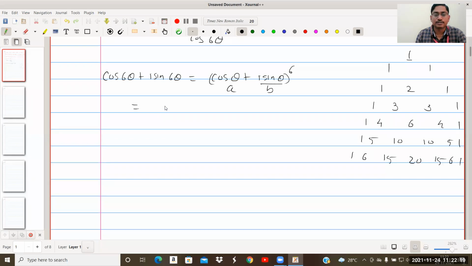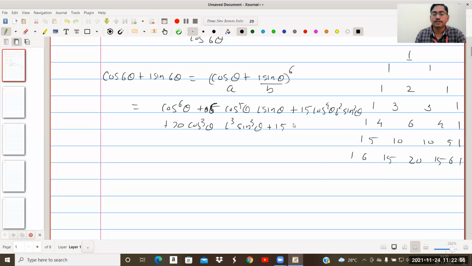So A raised to 6, that is cos raised to 6 theta, coefficient is 1. Next, plus 15 cos raised to 5 theta, i sine theta. Then 15 cos raised to 4 theta, i square sin square theta. Then 20 cos cube theta, i cube sin cube theta.